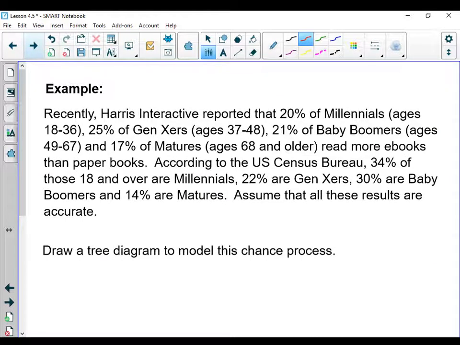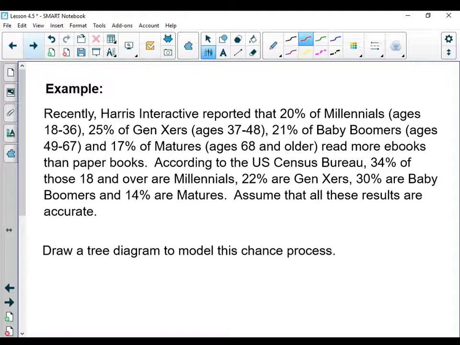So last example. This example says, recently the Harris Interactive reported that 20% of millennials, and they said millennials would be 18 to 36-year-olds, 25% of Gen Xers, the 37 to 48-year-olds, 21% of baby boomers, which would be 49 to 67, and 17% of maturers, which they would call the 68 and older crowd.